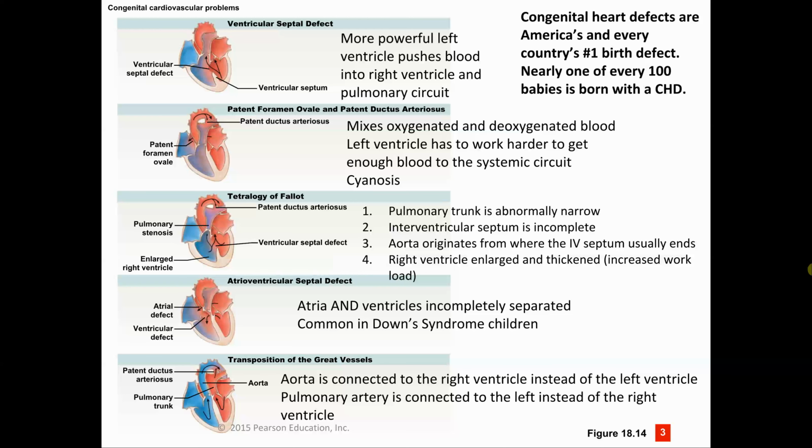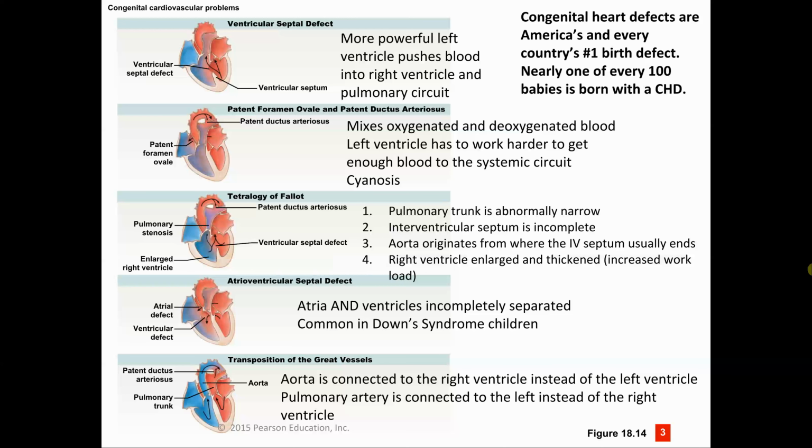So same thing as this guy going over here. 3, the aorta originates from where the interventricular septum usually ends. The aorta is in the wrong spot. And 4, the right ventricle is enlarged and thickened because it has an increased workload. So it's compensating for blood being pushed from the left ventricle into it.